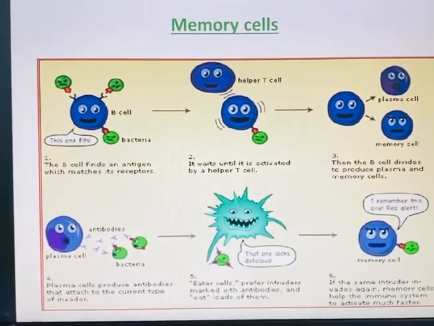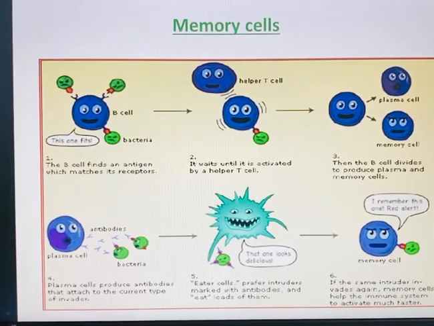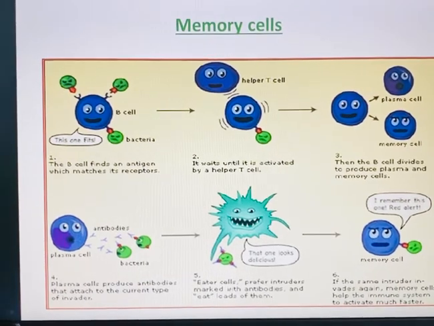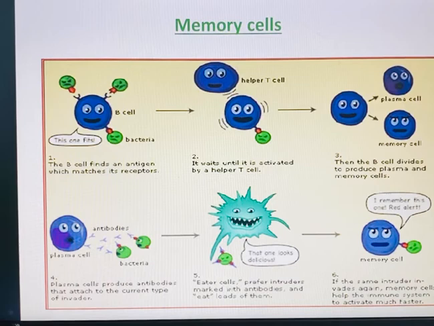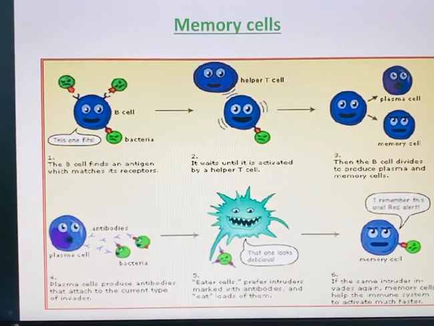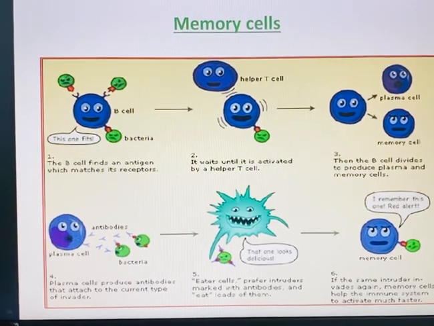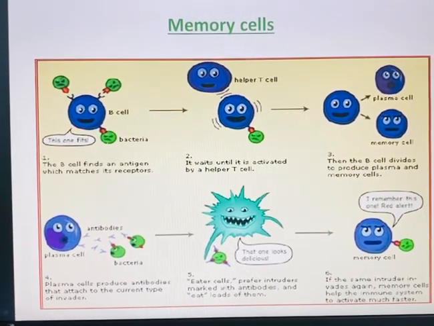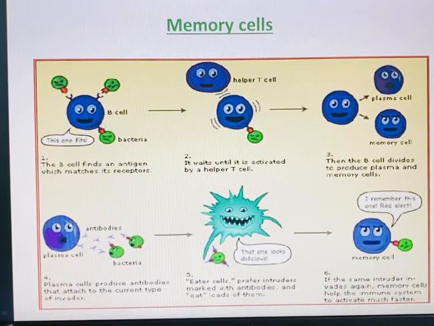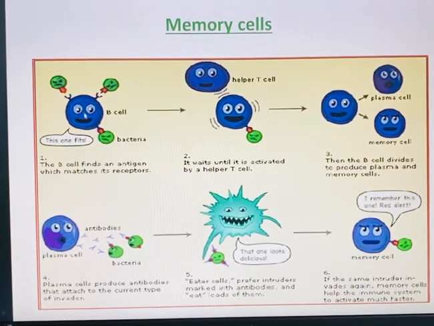However, let's discuss the roles of memory cells in immunity. What is a memory cell? They are long-lived cells of the immune system that have previously encountered a specific antigen. You see this is the bacteria, the green colored one, and this is the B cell.